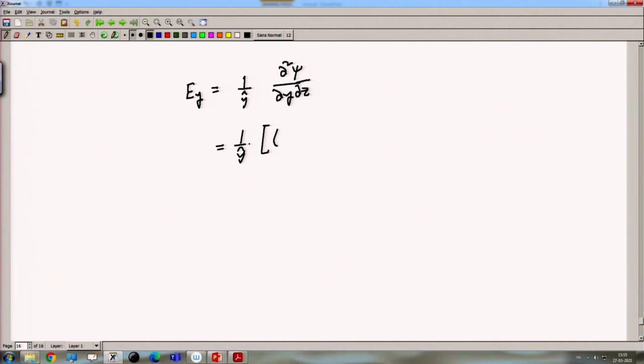So, it will be n pi by b for the differentiation with respect to y, sin m pi x by a, cos n pi y by b, e to the power minus j k z z, multiplied by minus j k z.